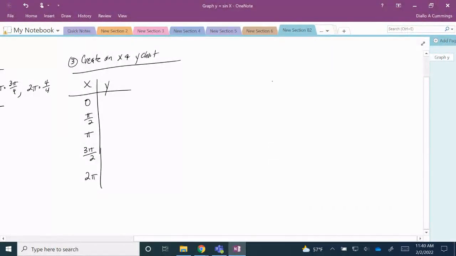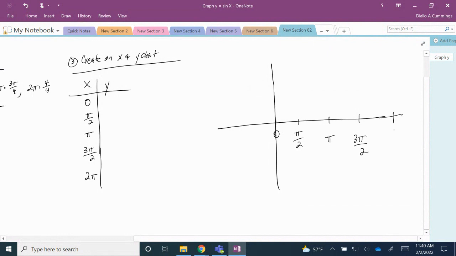If I were to make a rough sketch over here, we have 0, pi over 2, pi, 3 pi over 2, and 1 complete revolution at 2 pi. Notice that they serve as our x coordinates.